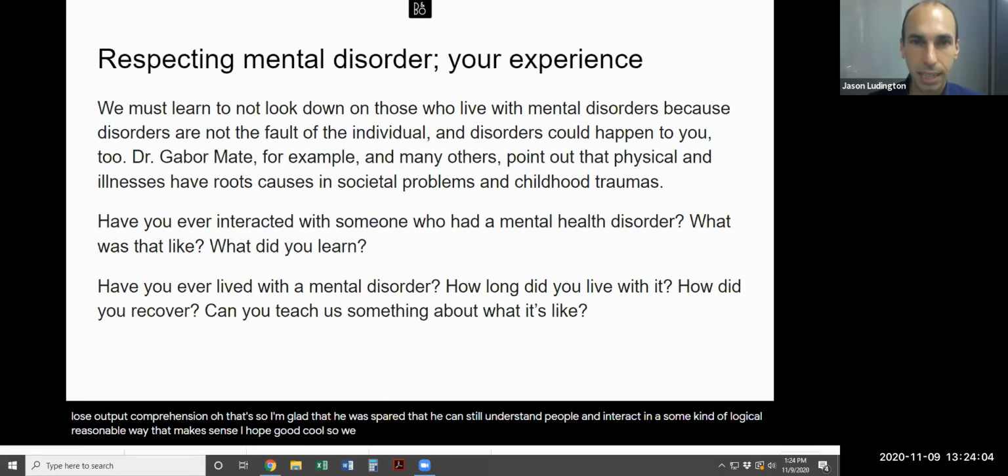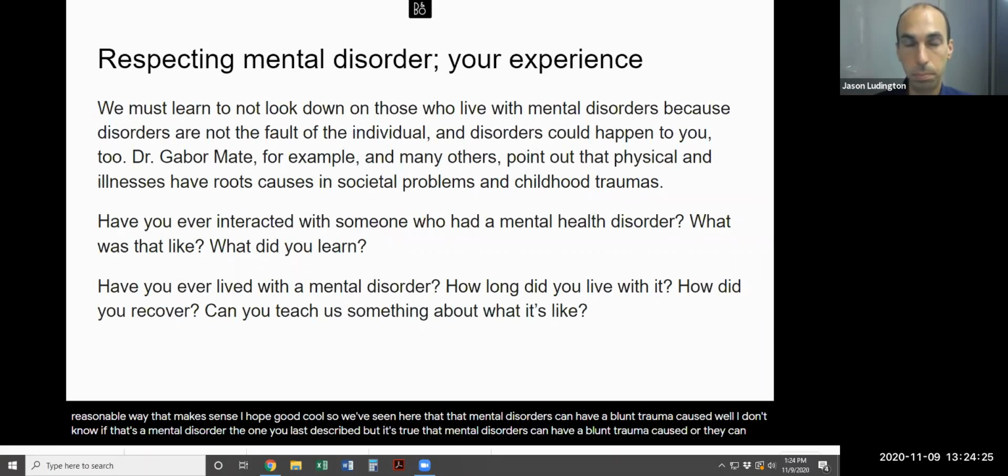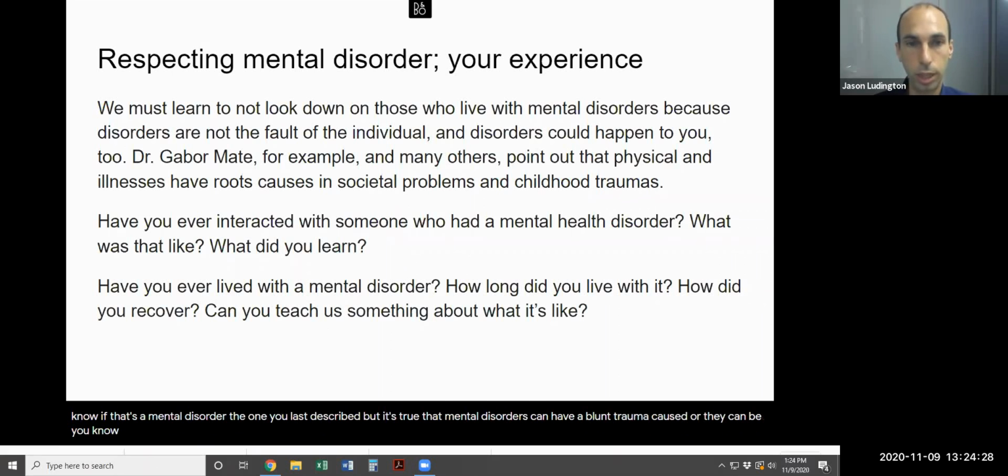So we've seen here that mental disorders can have a blunt trauma cause. Well, I don't know if the one you last described is a mental disorder, but it's true that mental disorders can have a blunt trauma cause, or there's genetic, there's disease, stroke, there are many different causes for different types of disorders and mental illnesses.